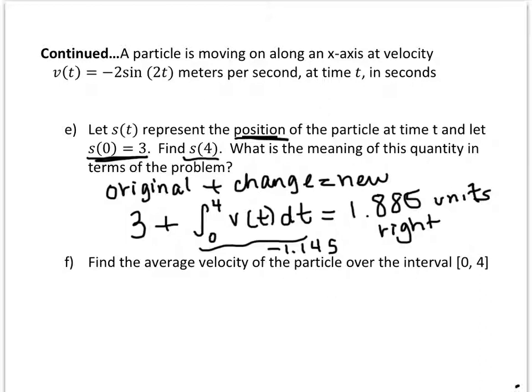The average velocity, I recognize this as my average value formula, not average rate of change, because I want to find the average of the function I have, so average value. So I need the 1 over b minus a formula.